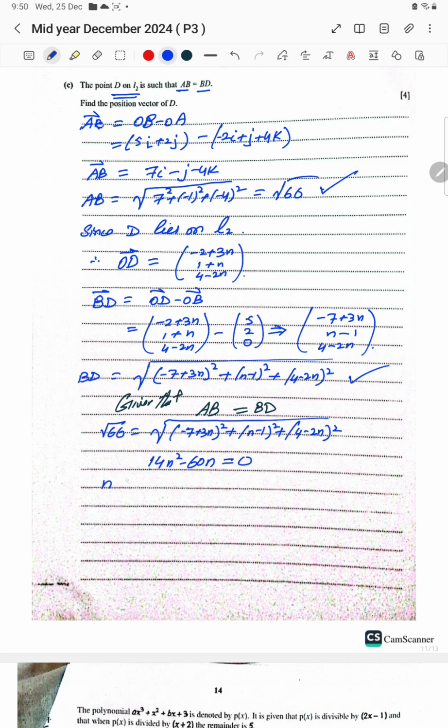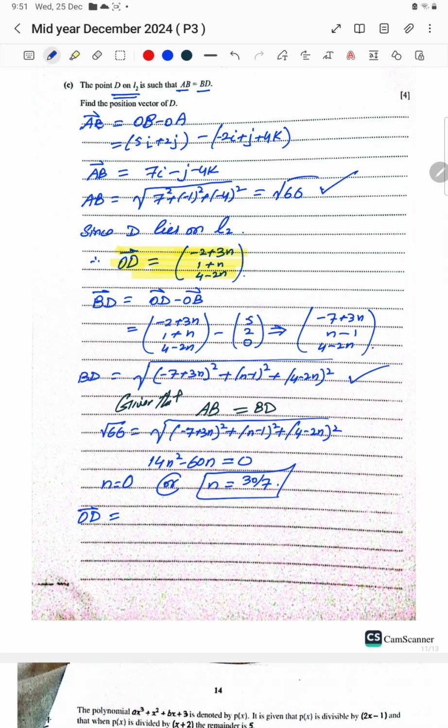So taking n common, n can be 0 or n can be 30 by 7. So finally OD, because it is not starting from 0, I will ignore this. I will take this n as 30 by 7 and place it here in OD, because we are looking for the position vector of D, OD.